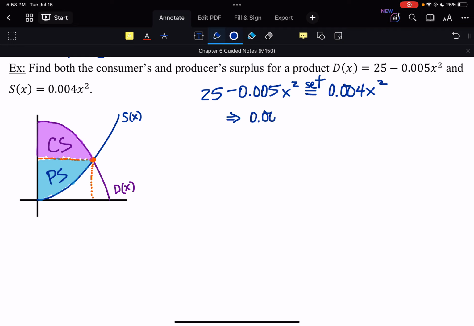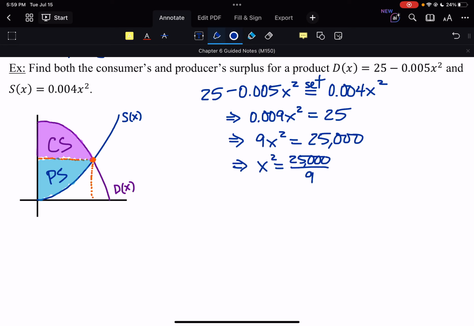It doesn't take too much to solve for x here, but it is one of those that lends itself to calculator work. If I move this decimal over 3, that's 9x squared equals 25,000. So x squared is 25,000 over 9.